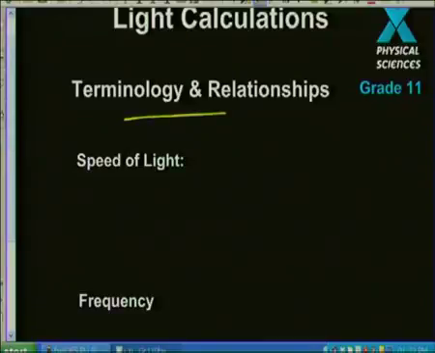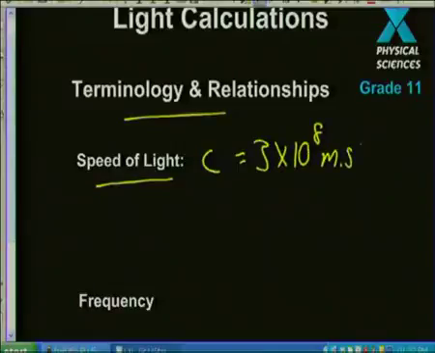And the first thing we're going to come to, and it's probably the most important constant around, the speed of light is a constant in a vacuum. And that value is given a symbol C, and it's 3 times 10 to the 8 meters per second.